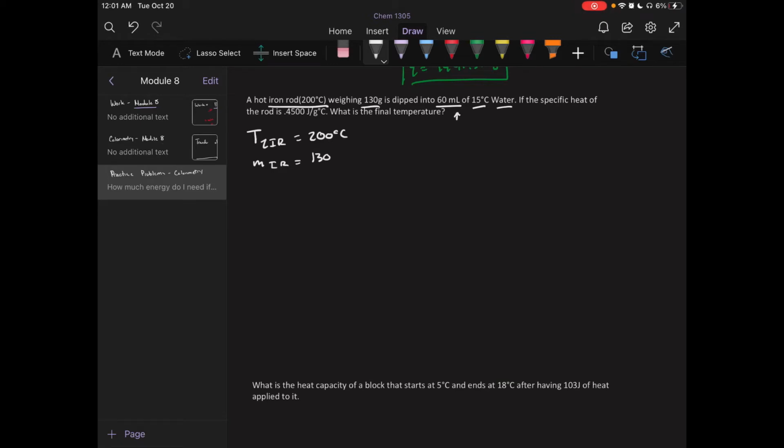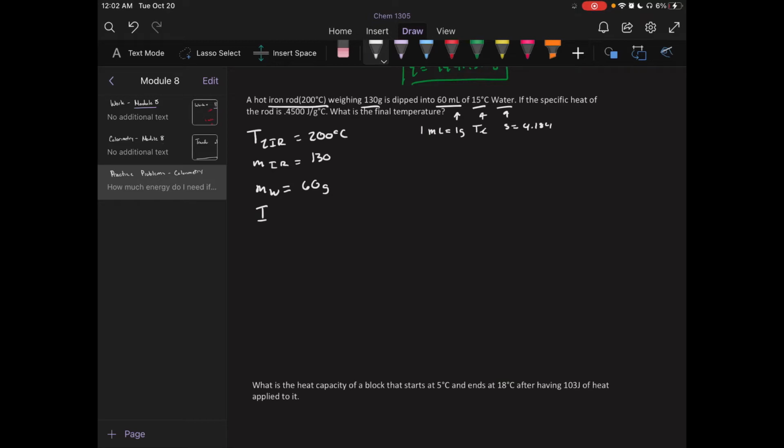For water, the specific heat is 4.184, 15 degrees Celsius is the initial temperature, and for 60 ml, remember that 1 ml is equal to 1 gram. So let's transfer this all together. The mass of water is equal to 60 grams.